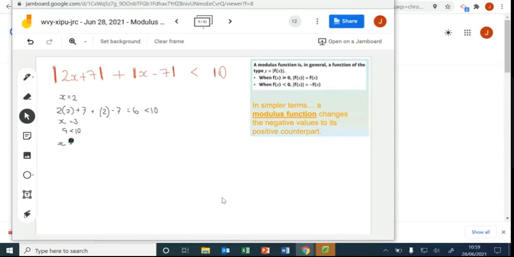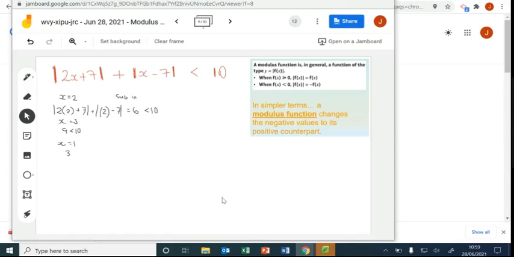So someone's put if x equals 2, 2 times 2 plus 7 plus 2 minus 7 equals 6. How did you get that? So sub in 2.